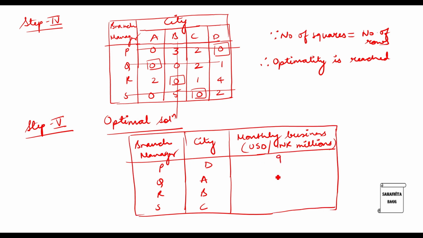This value is 9, 13, 17 and 16. So the total turns out to be 55. So this is the total monthly business in USD or INR in millions. So that is the answer.